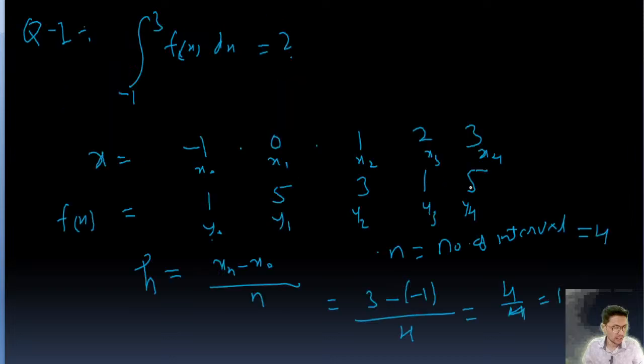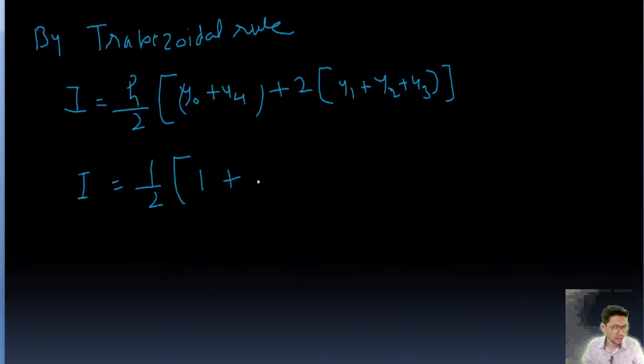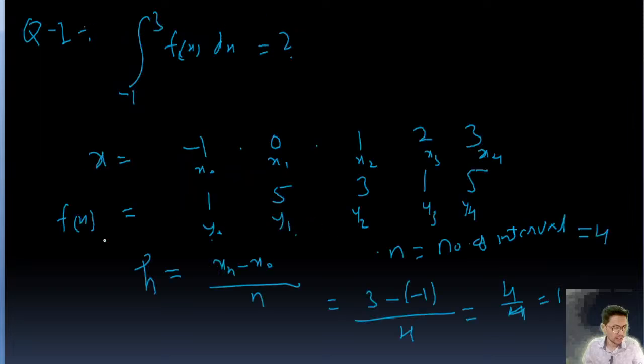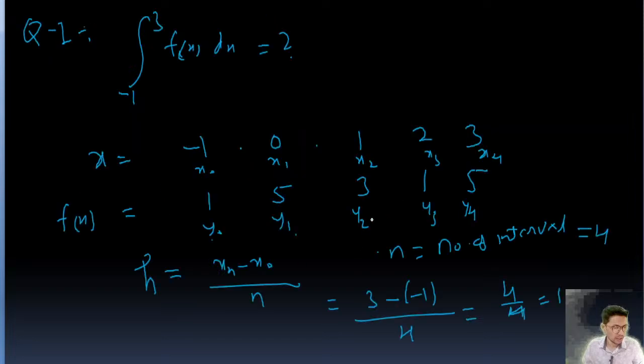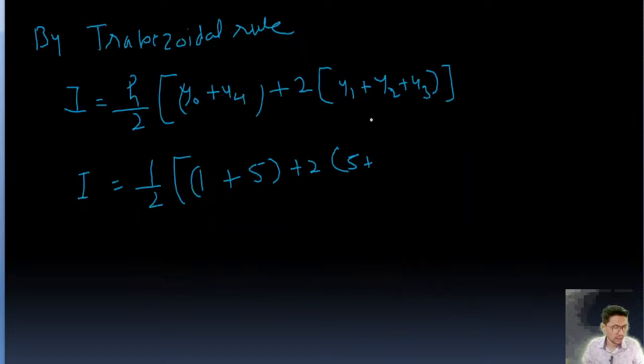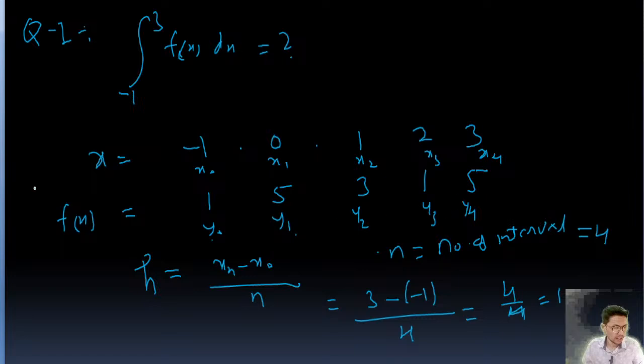y4 value is, this is y4, right? 5, plus 2 into y1. Y1 is this 5, plus y2. Y2 is this 3, plus y3. Y3 is 1.